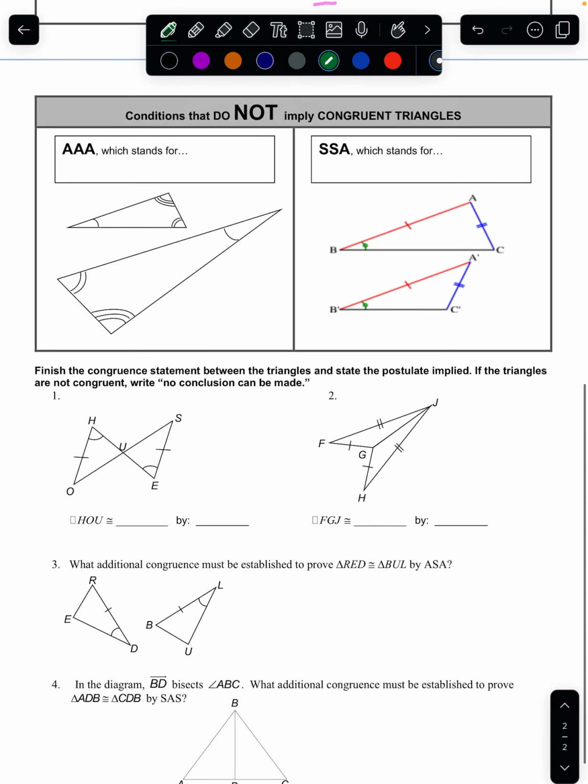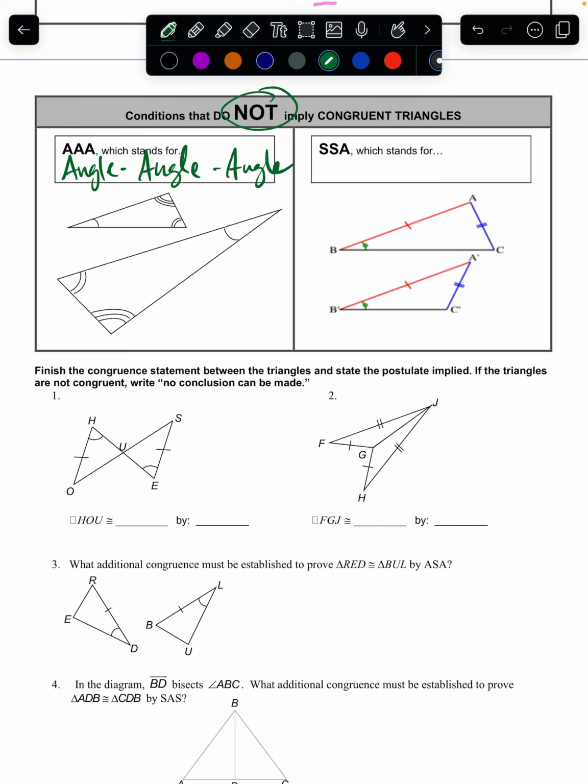So these are two conditions that show that the triangles are not congruent, right? Both triangles have the same shape, but not the same size. AAA stands for angle, angle, angle. So you have this angle here. These angles are congruent. These are corresponding angles. This angle right there has two arcs, and this one has three.